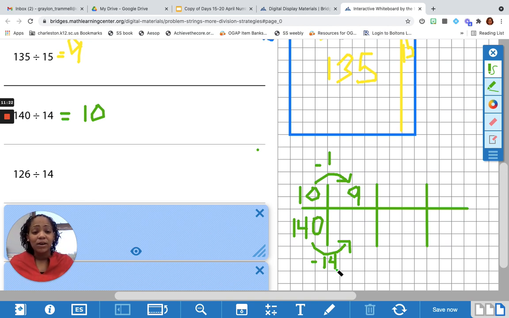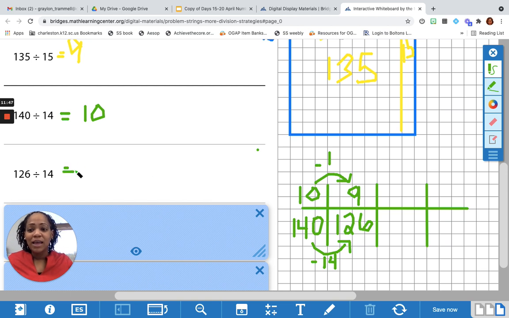Whatever you want to think about to help you understand. If I had 10 boxes, I have 140 items, because in each box there are 14 things. But I'm taking a whole box away, which means I'm taking 14 items away. And look what that gives me. 140 minus 10 is 130. Minus 4 is 126.